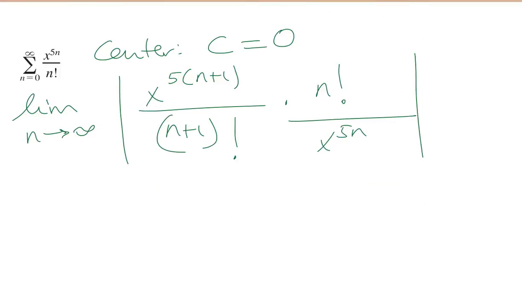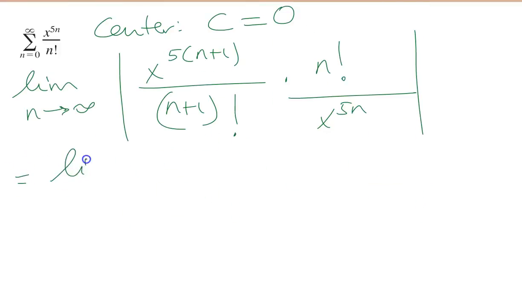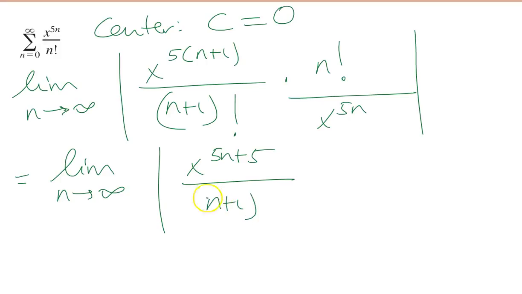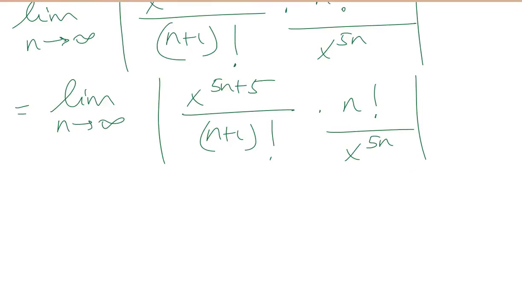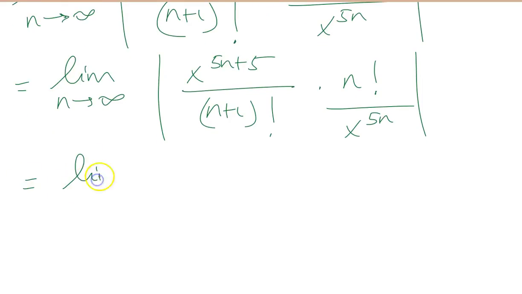Now be very careful when you simplify this, okay? Limit as n goes to infinity of x to the power 5n plus 5 over n plus 1 factorial, and then we have n factorial over x to the power 5n. Okay, this is going to be limit as n goes to infinity of, we have more x's in the numerator, so x to the power 5 in the numerator.